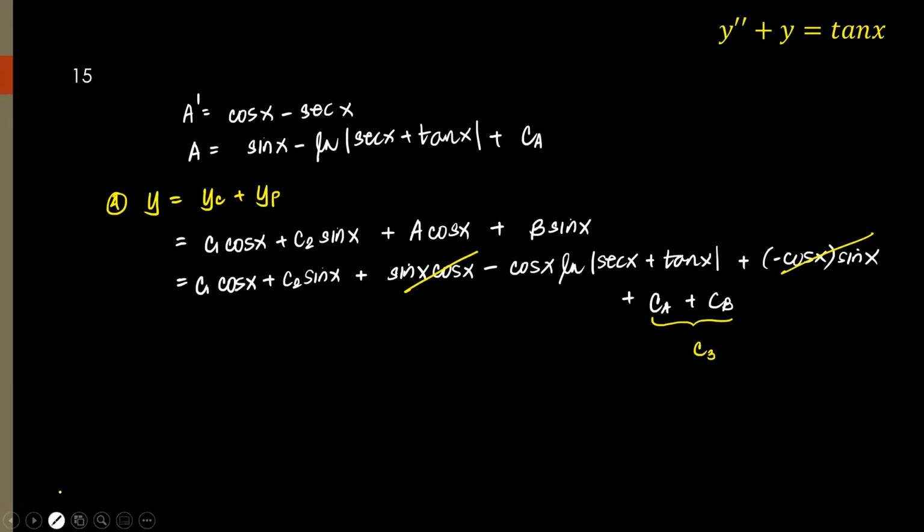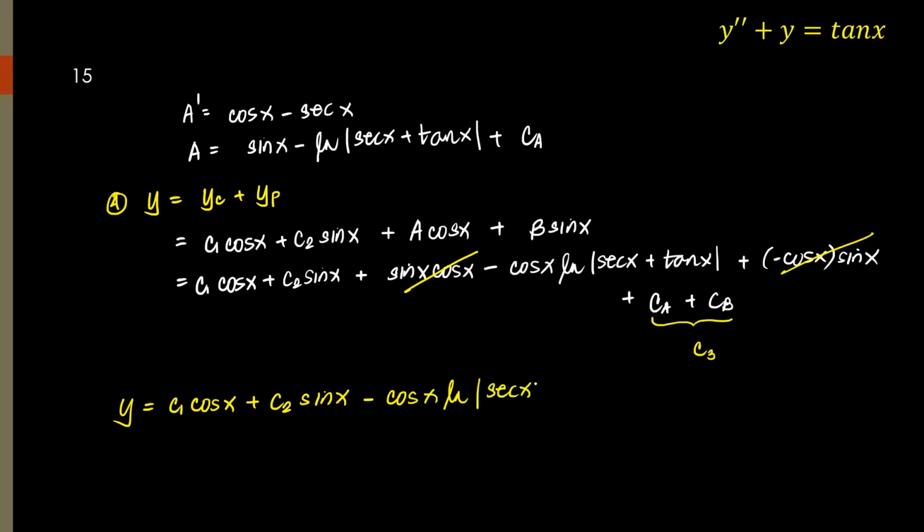So that finally, my y is actually C1 cosine x plus C2 sine of x minus cosine of x ln of secant x plus tangent of x plus c3. This is your final answer.